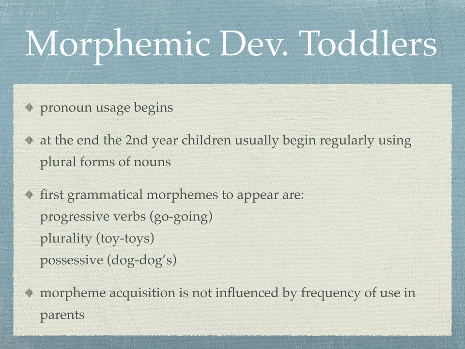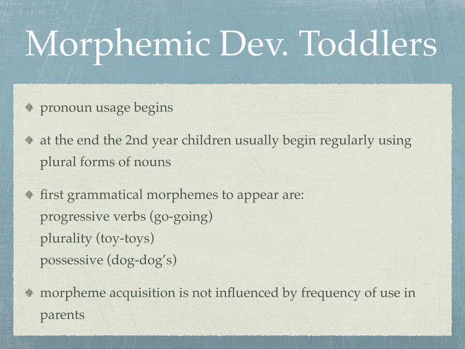Morphemic development in toddlers. They are beginning to have more success with pronoun usage. They start to be getting a little bit better at it. At the end of their second year, children usually begin regularly using plural forms of nouns. I do not want a donut. I want donuts. I want more than one. First grammatical morphemes are soon to appear.